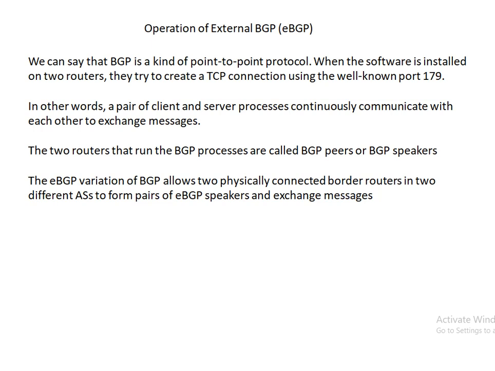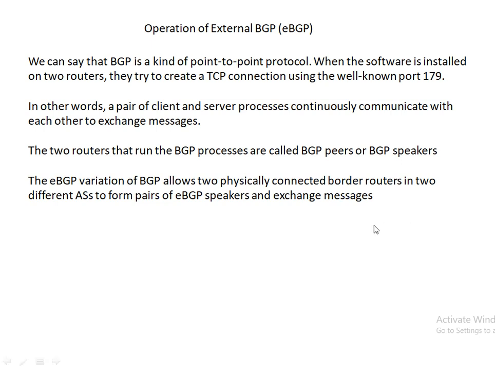The two routers that run the BGP processes are called BGP peers and BGP speakers. The eBGP is a variation of BGP that allows two physically connected border routers in two different autonomous systems to form a pair of eBGP speakers and exchange messages. So it mainly deals with how the border routers communicate.